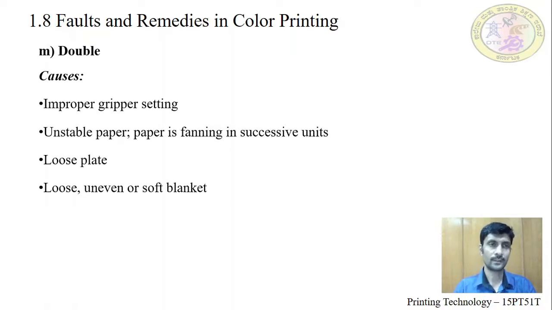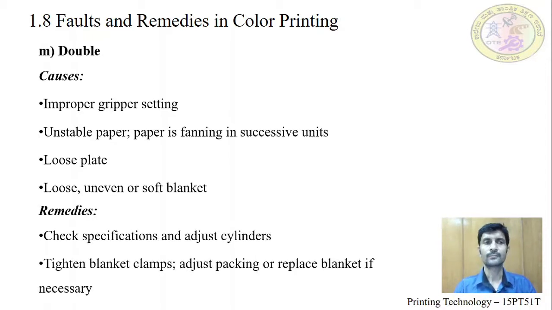Next, improper gripper settings. Each unit must maintain proper gripping. Then unstable papers, loose plates, loose, uneven or soft blankets. The remedies are: check the specification, adjust the cylinder, tighten the blanket clamps, adjust the packing or replace the blanket if necessary.